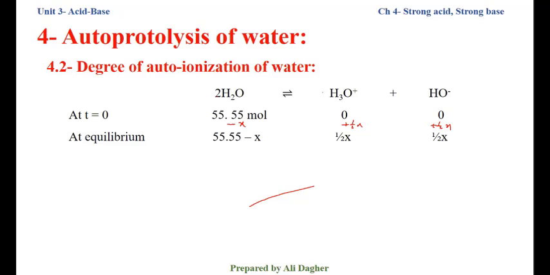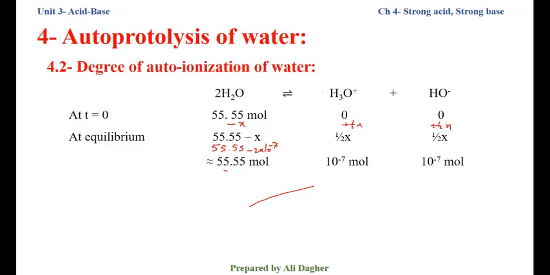But half x is the number of moles or the concentration of H3O+ which equals 10 negative 7. That means x equals 2 times 10 negative 7. 55.55 minus 2 times 10 negative 7 is approximately 55.55 because 2 times 10 negative 7 is negligible with respect to 55.55.